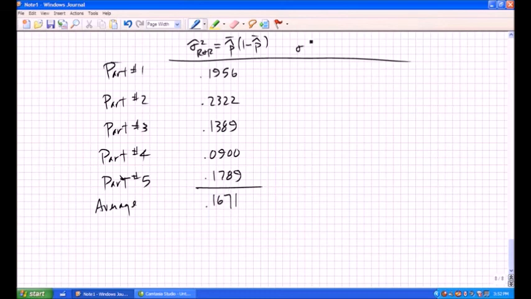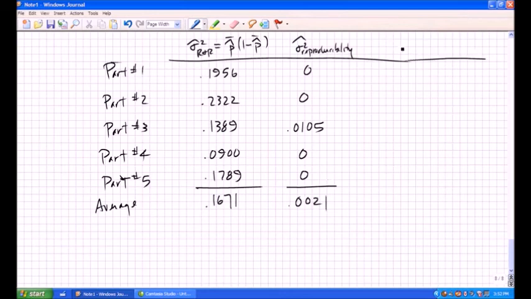If you compute the estimates of the reproducibility variance, the first two are 0, the third is 0.0105, those two guys are 0, and therefore these average to 0.0021.